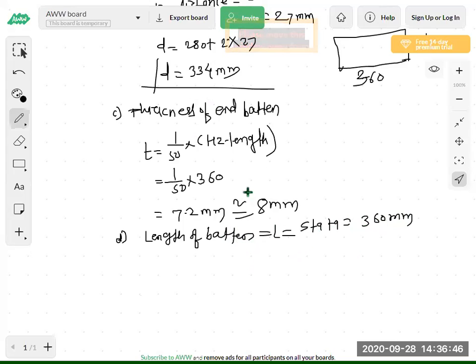Otherwise at the top, if you do not calculate this length of weld, then you have to calculate here and then thickness, like that way you can also calculate.